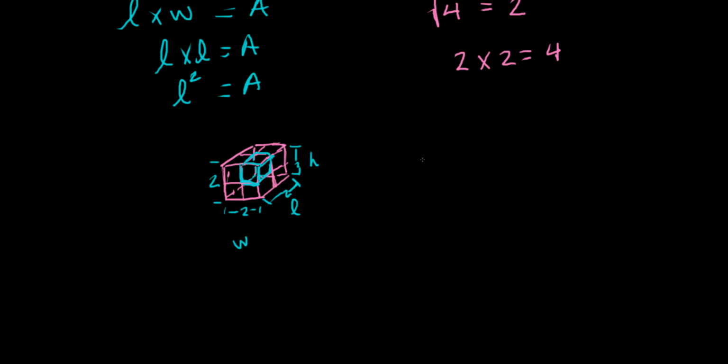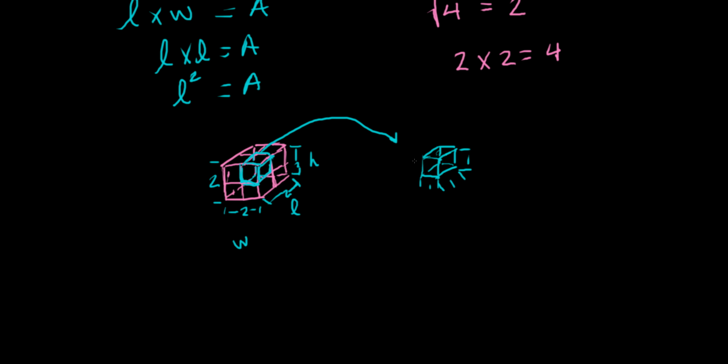It's a smaller guy like this. If I had taken this and moved it out here, it would look kind of like this, and we would say this is a height of 1, this is a length of 1, this is a width of 1. Right? So, a 1 by 1 by 1 cube.